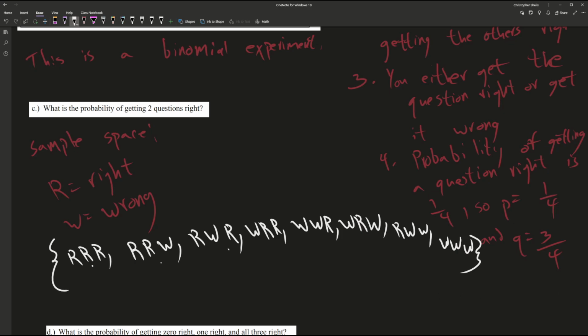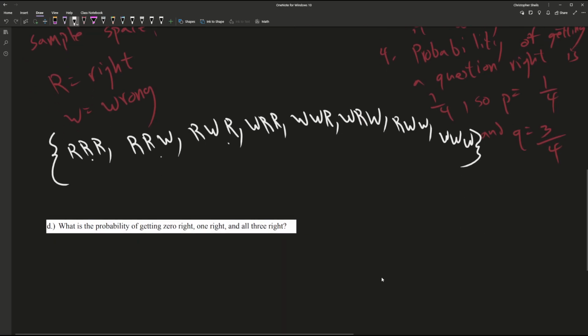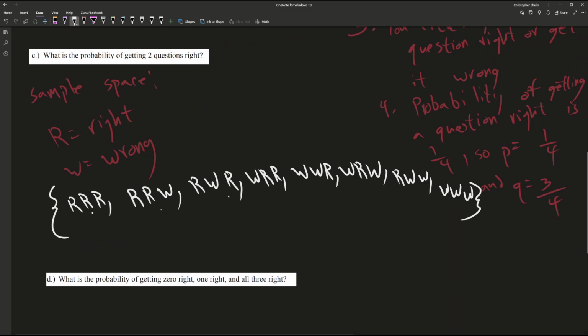Now, previously what we did was we would have looked at all of the possible ways to get 2 questions right, which would be this, this, and this. And to be clear, that's our event space, right?